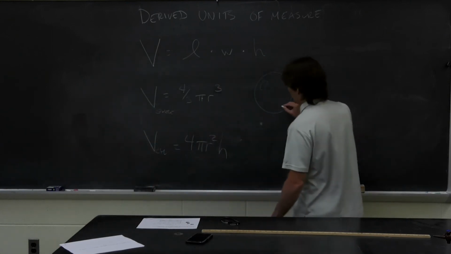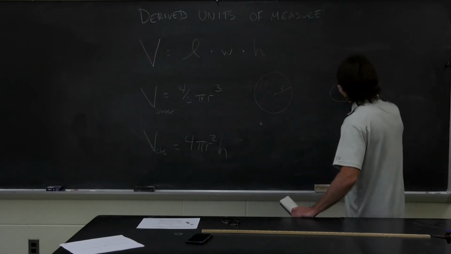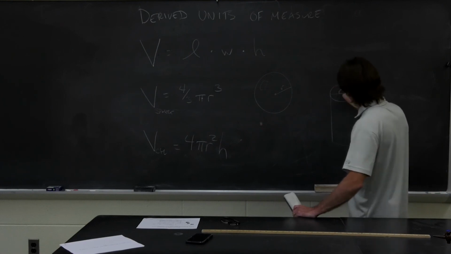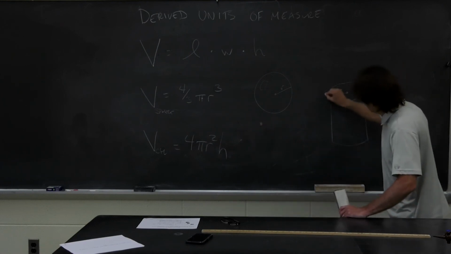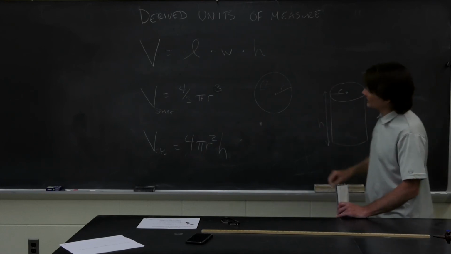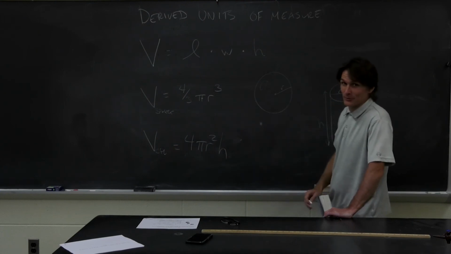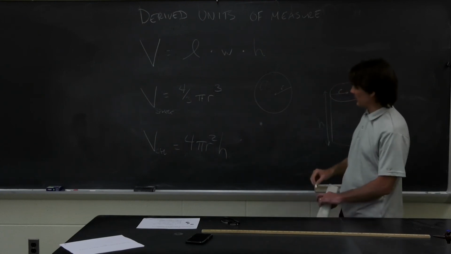In this case, by the way, r is the radius of the sphere. For the cylinder, you have a circle with radius r, and you've got a height h. You should know how to use these particular equations that you've seen before in your mathematics classes.